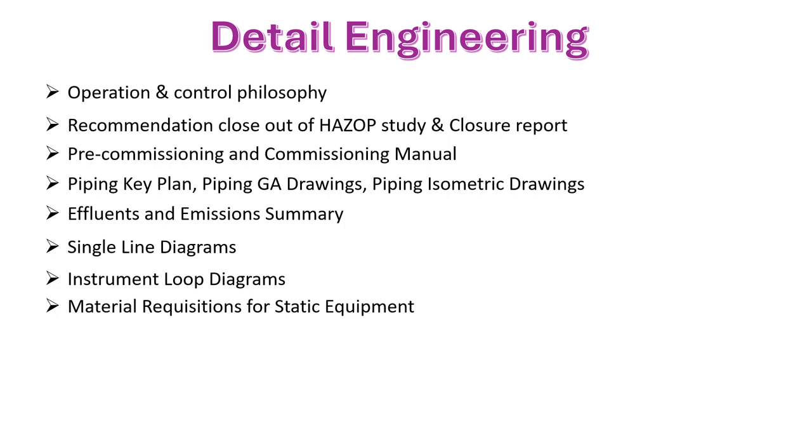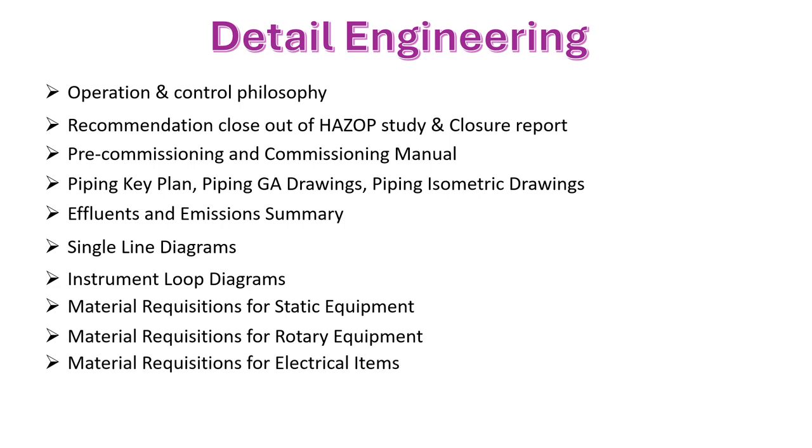Then material requisition for the static equipment. For the static equipment procurements, we have to raise the material requisition for static equipment like heat exchangers and tanks. Then the same for the rotary equipment, covering whichever equipment has an electrical motor as a part, electrical items like push buttons or lighting fixtures or MCC panel, feeder, all these things to be received through material requisition.